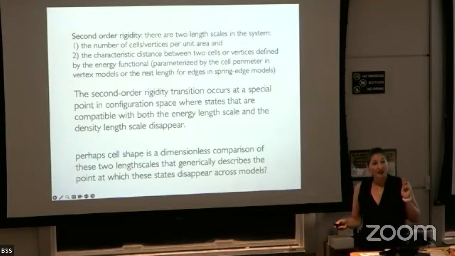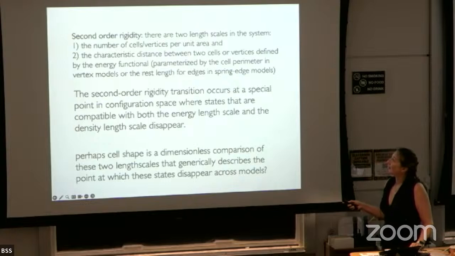The other length scale is the characteristic distance between two cells or vertices defined by the energy functional. So for example, this is like L naught for a spring model, or P naught for a cellular model. This one is literally I just put a certain number of cells in my box, and then I can get a length scale out of that.